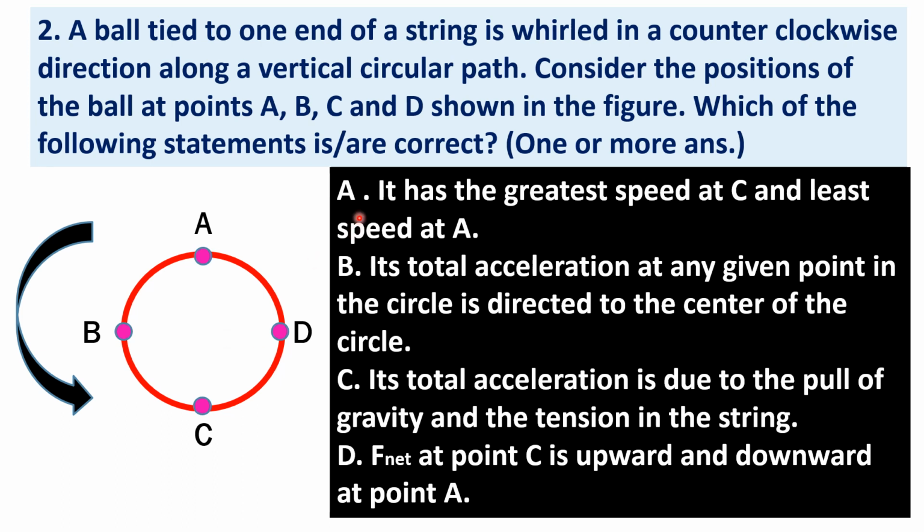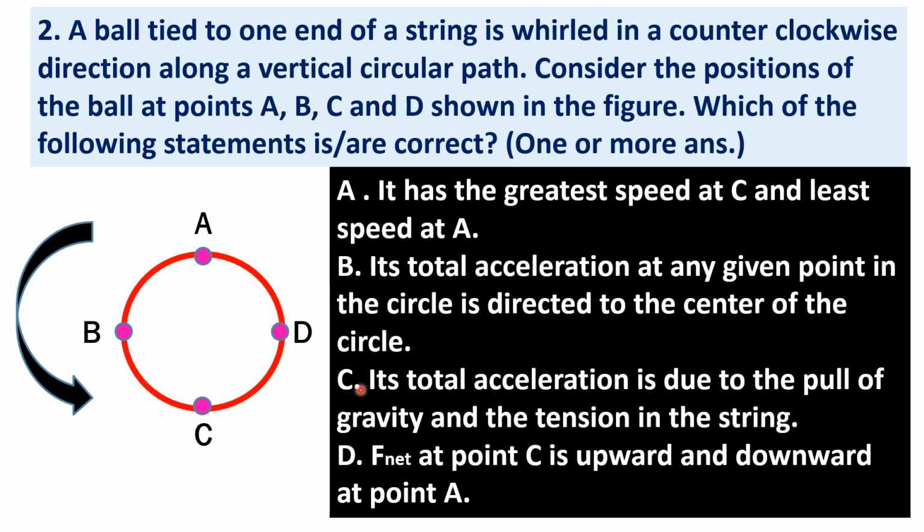Option A: It has the greatest speed at point C and the least speed at point A. Letter B: Its total acceleration, meaning the net acceleration, at any given point in the circle is directed to the center of the circle.